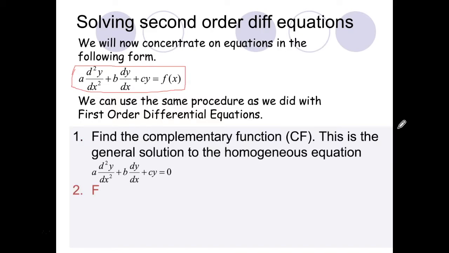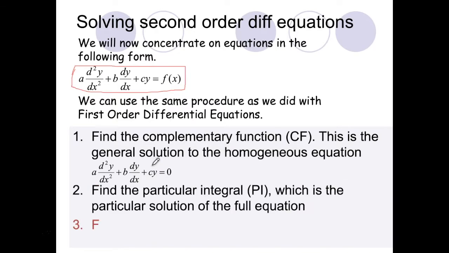First, we find the complementary function, CF, and this is the general solution to the homogeneous case, which we have done already. Second, we find the particular integral, PI, which is the particular solution to the full equation.